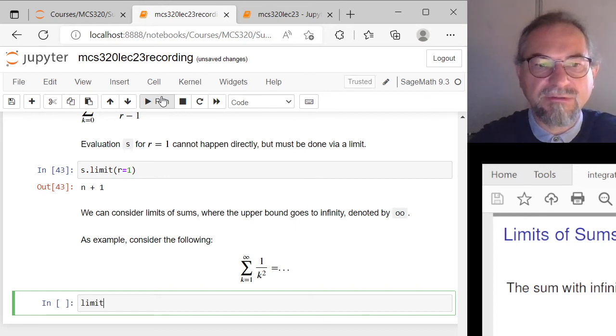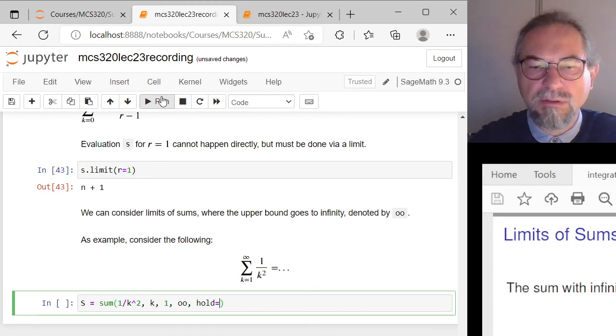So we can actually directly type this in Sage. Perhaps let me be a little bit more careful. So again, type in the sum, and k goes from 1 to infinity. Hold equals true.